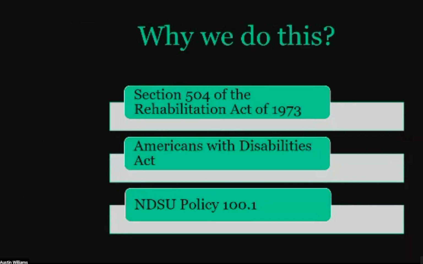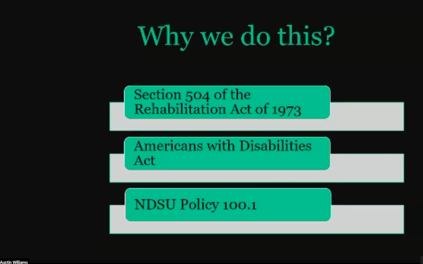All right, so the reasons why we do this, and I'm confident you have all heard of these. We have Section 504 Rehabilitation Act of 1973. We have the Americans with Disabilities Act that supports people with disabilities, and we also have an NDSU policy that is in place where we do need to make sure that we have equal access for all students regardless of their disability.